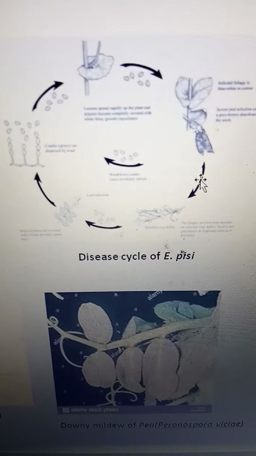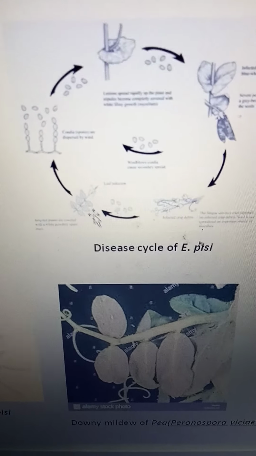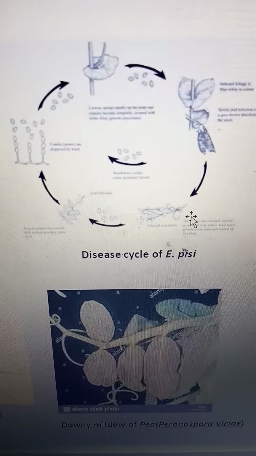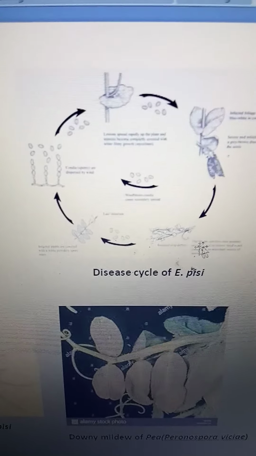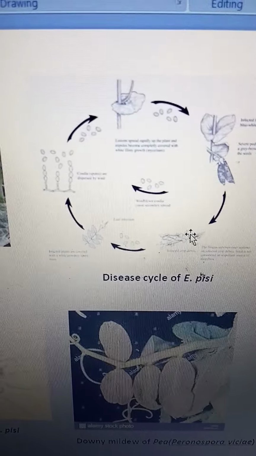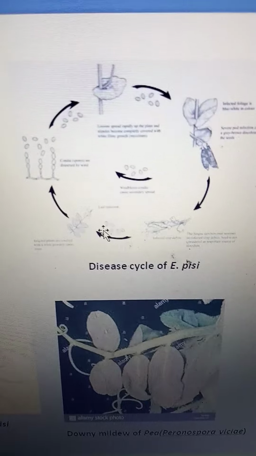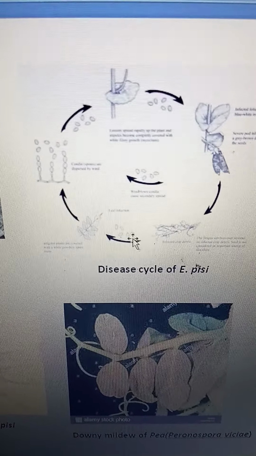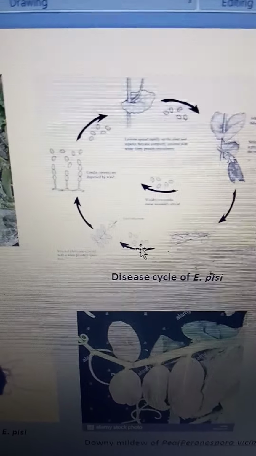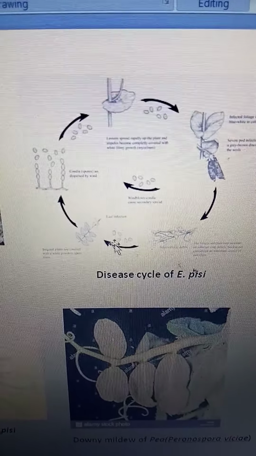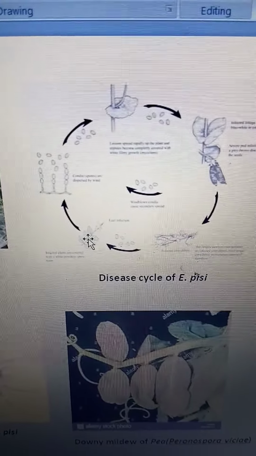And this is the cycle of Erysiphe pisi, how they spread from one season to another. First, the infected residues which lie on the field after harvest. From there, when the favorable environmental conditions come, from the resting structures, that is from the cleistothecium, the spore will start to germinate and it will initiate the first infection on the healthy leaf.